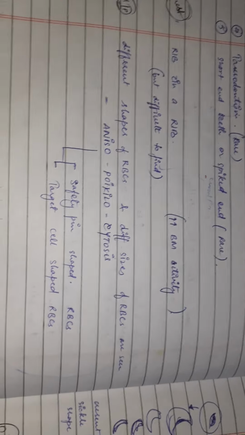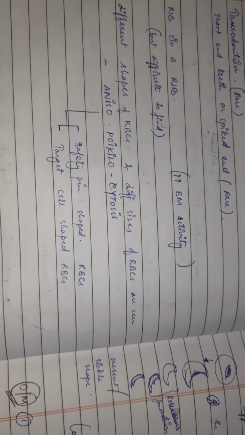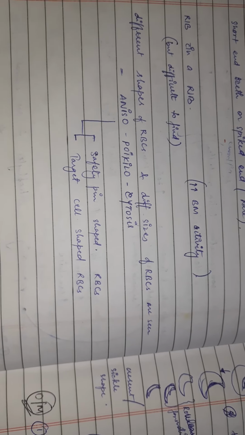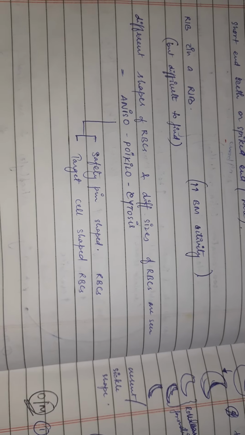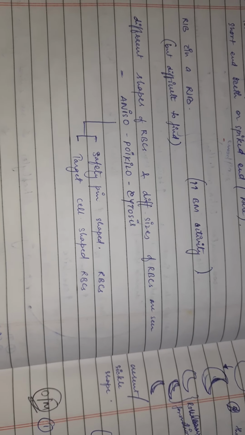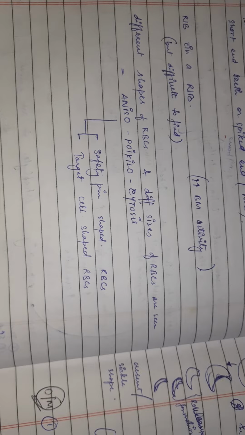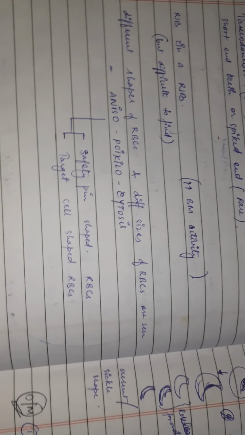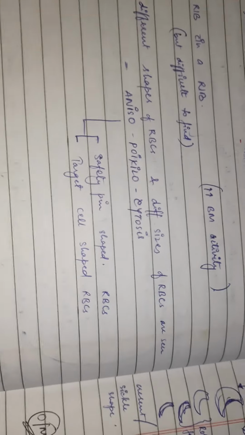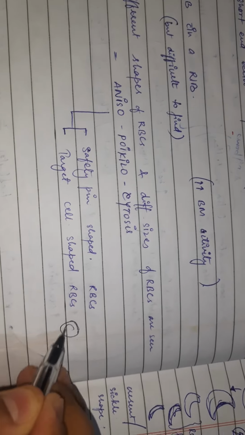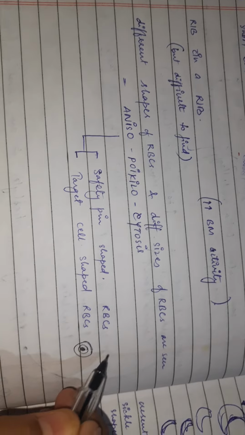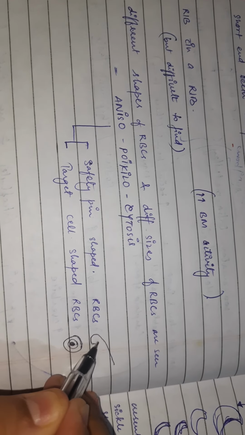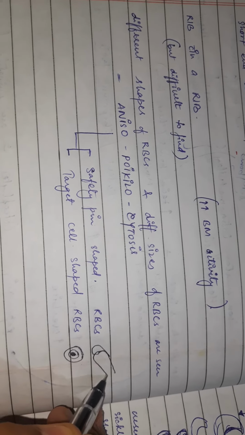Histopathology shows different shapes and different sizes of RBCs, which is called anisopoikilocytosis, with safety pin shaped RBCs or target shaped RBCs. Target shaped means like this, or safety pin like this.